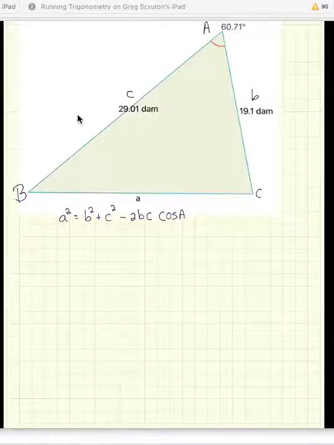Now I'm going to fill in what I know. I don't know the A, so I'm going to keep that as A squared.